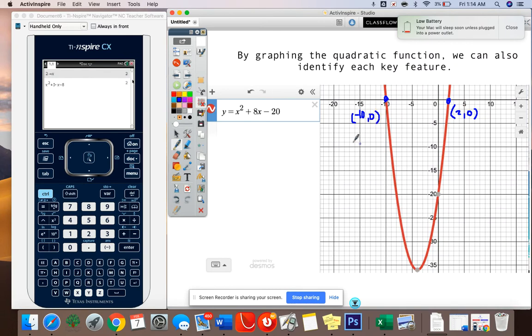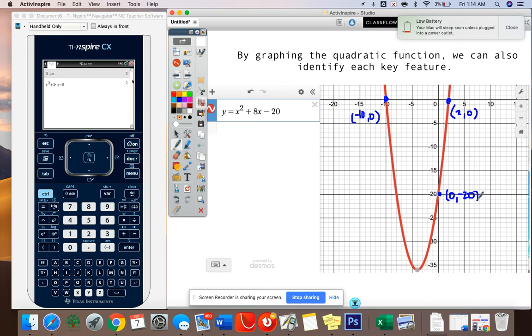Excuse my bad handwriting. I'm trying to write this on a trackpad. Then we can clearly see here in this graph that our y-intercept is -20. So we would write that as 0, -20.